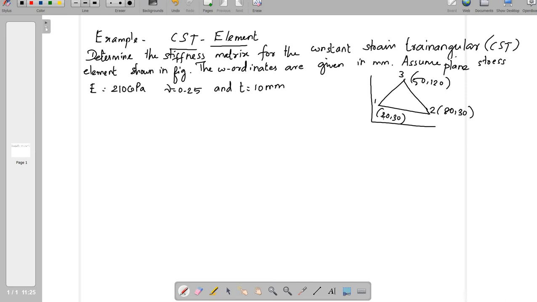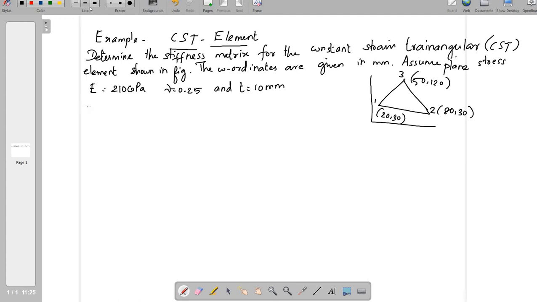The coordinates x1, y1, x2, y2, x3, y3 are important to find the area of the element and to make the strain displacement matrix.